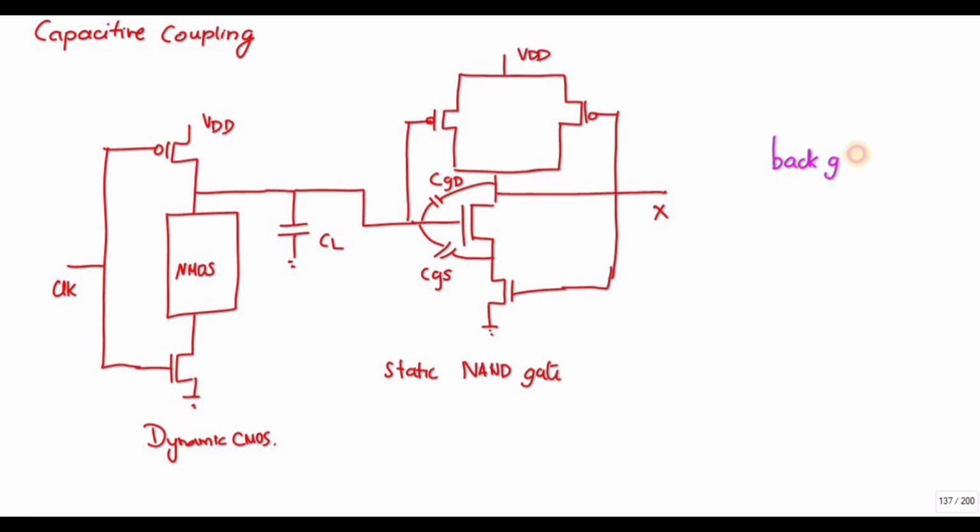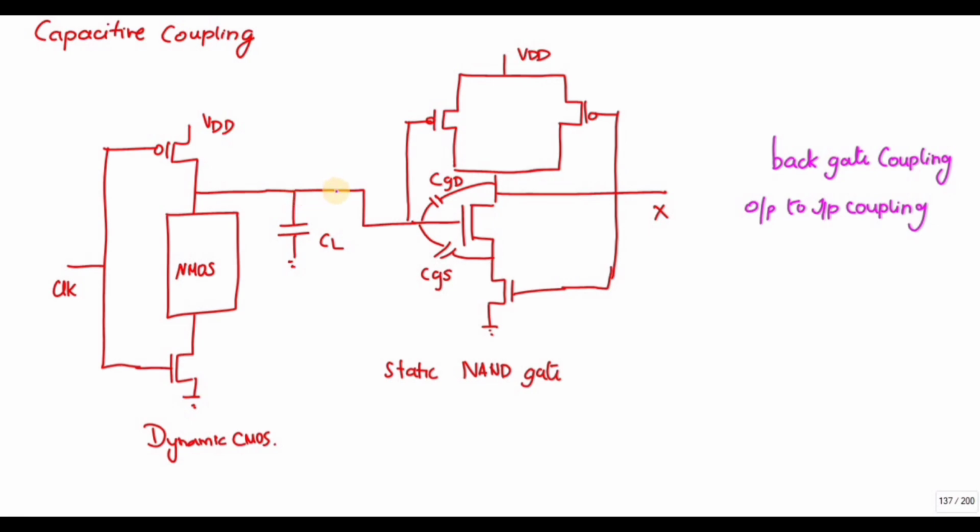Back gate coupling, that is, my output to input coupling. So the output gets coupled with this input.